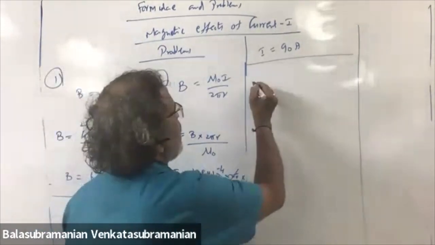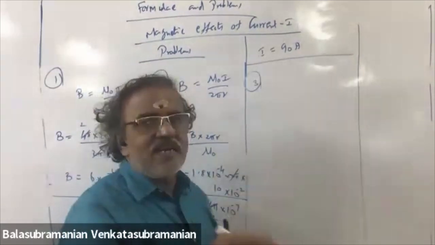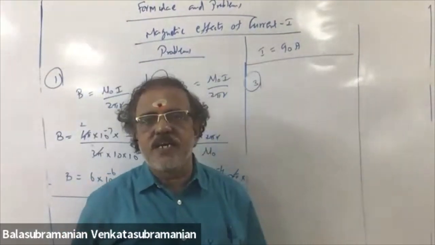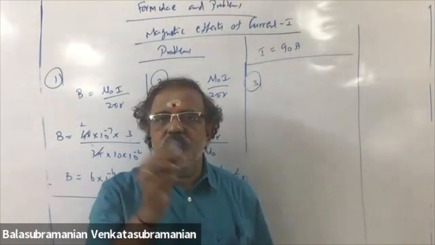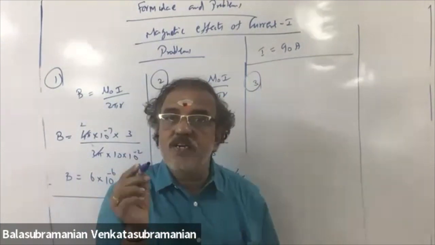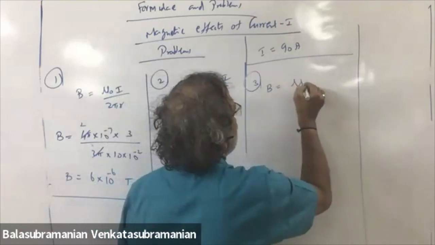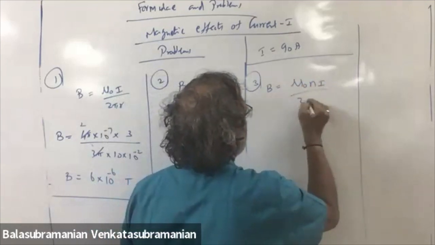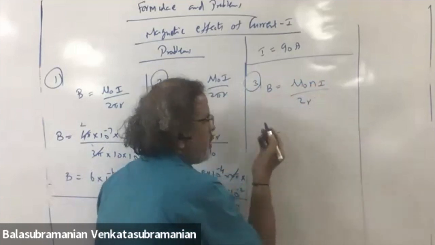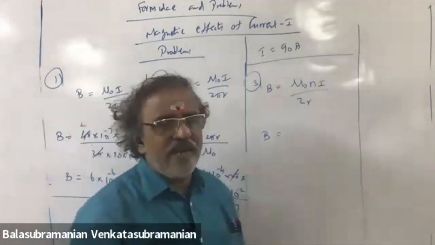Circular coil carrying current, point at the center. Again, Biot-Savart law application. Circular coil along the axis we have seen. When the point is at the center, B is equal to mu naught N I by 2R, where R is the radius.